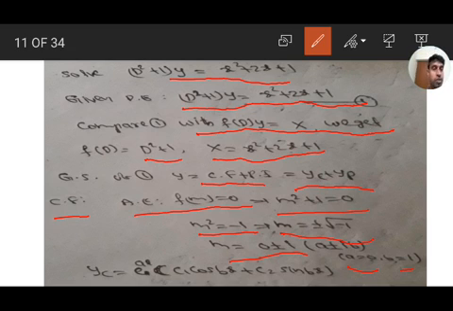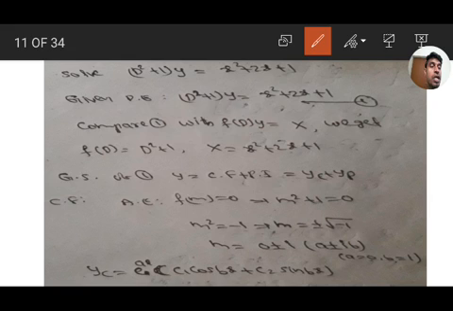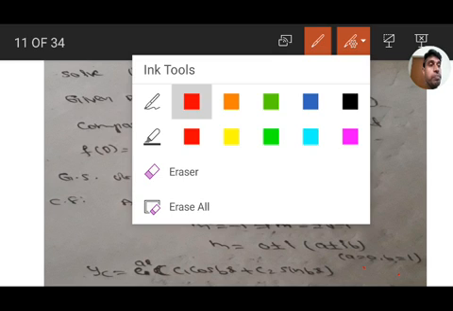Roots are complex roots. So the solution yc equal to e to the power of ax (c1 cos bx plus c2 sin bx). For complex roots we get e to the power of ax into (c1 cos bx plus c2 sin bx), where a equal to 0, b equal to 1.